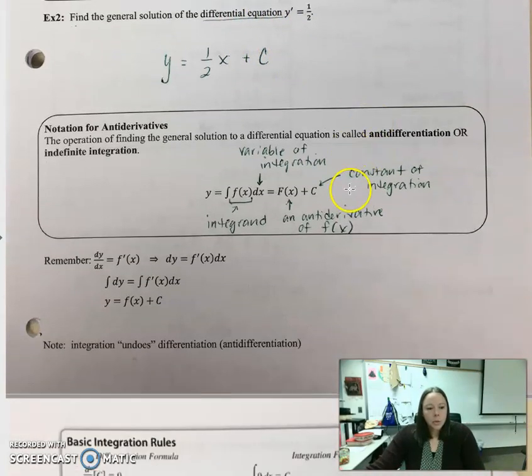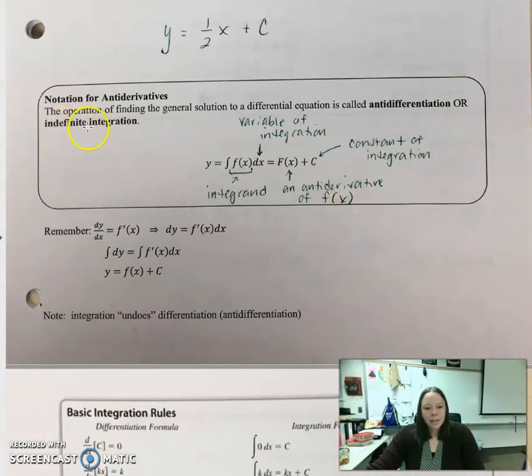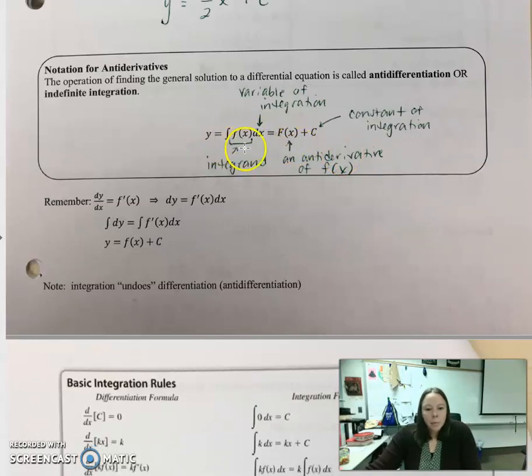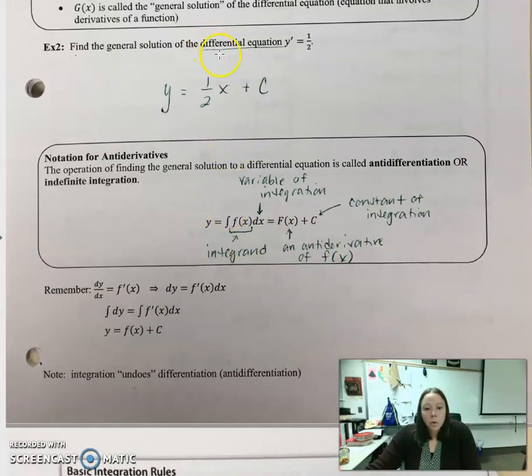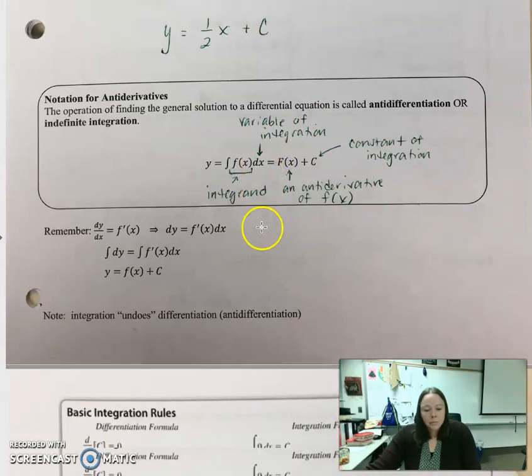Okay, so this is the notation for an indefinite integral. We're going to talk about a definite integral in a couple of sections. But for an indefinite integral, this is where that differential equation is going to come into play. Remember when we wrote the dy over dx, but moved the dx over to the other side? Well, that's what we're going to do with that dx here.